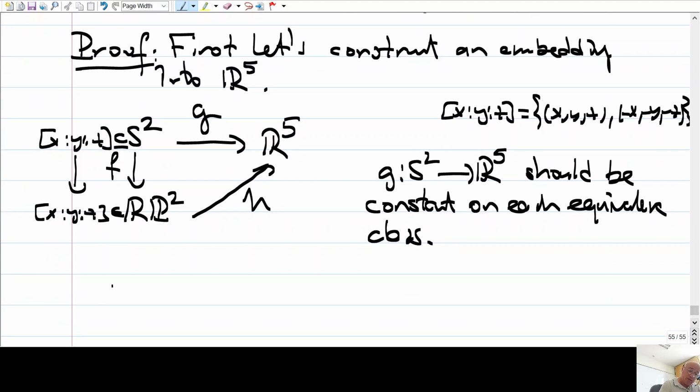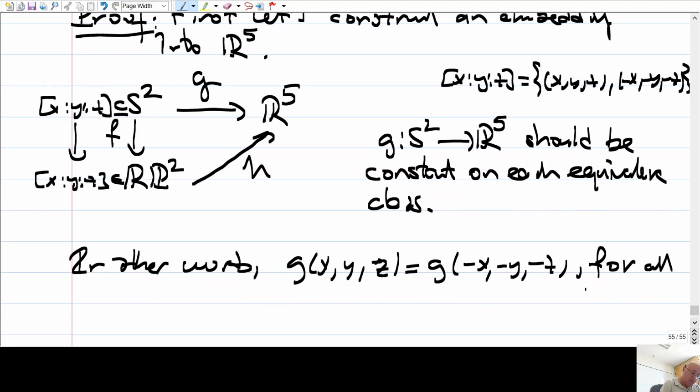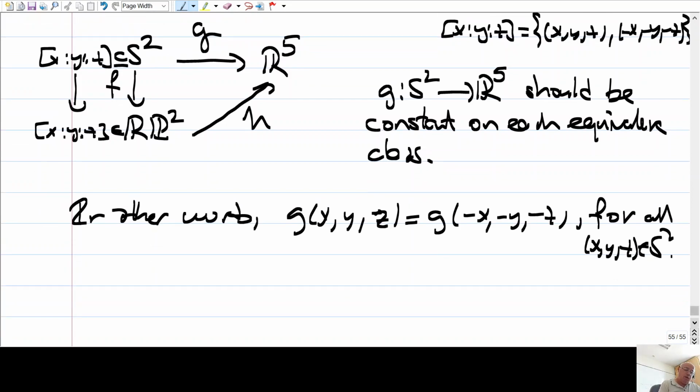This means, in other words, G of x, y, z must be G of minus x, minus y, minus z for all x, y, z on the sphere, of course. Well, this means the components of G must be even functions, right? So replacing x, y, z with minus x, minus y, minus z shouldn't change anything.